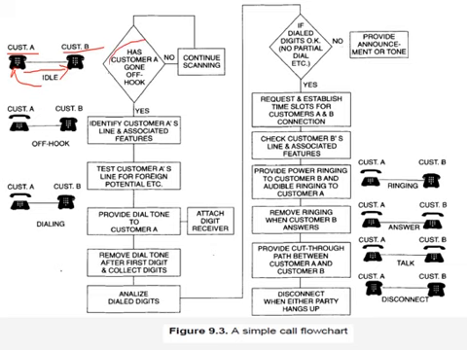What we are trying to scan is whether customer A has gone off hook, that is, has he lifted the phone. If he hasn't lifted the phone, we keep on scanning the line. Once customer A lifts the phone, it indicates that customer A has gone off hook, and I go to the next step.